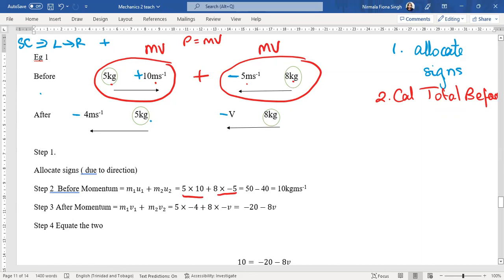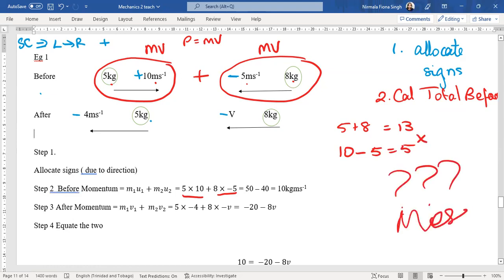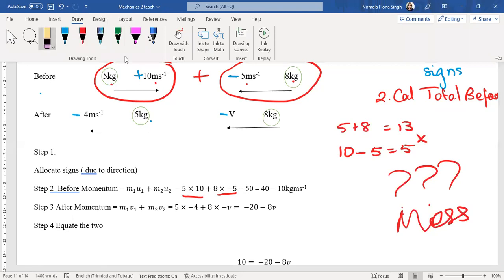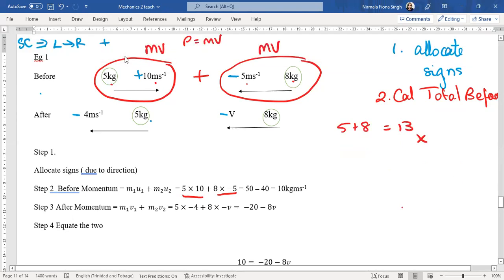Folks, don't go and do this and add 5 plus 8 is 13, and then 10 minus 5 is 5, and then multiply them, and you're going to make a whole bunch of mess. Please don't do that. What you're doing is adding your individual momentums together.